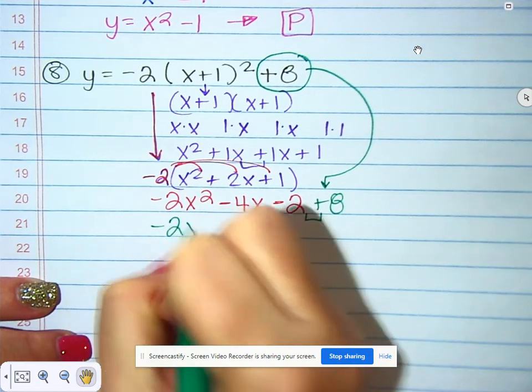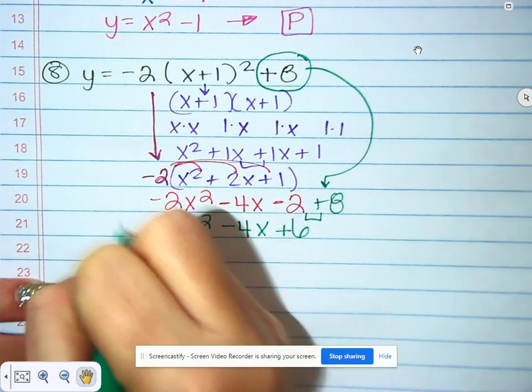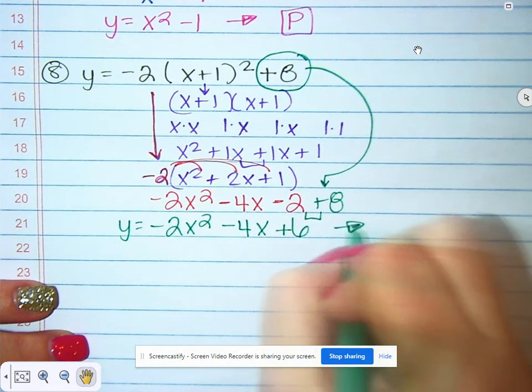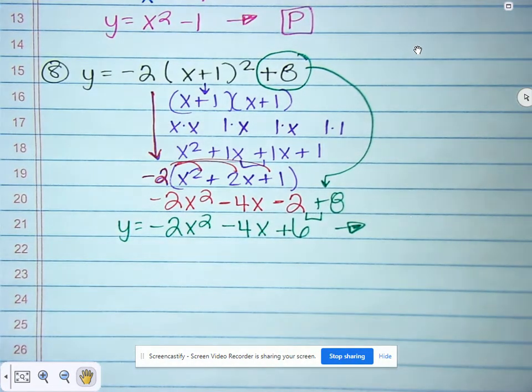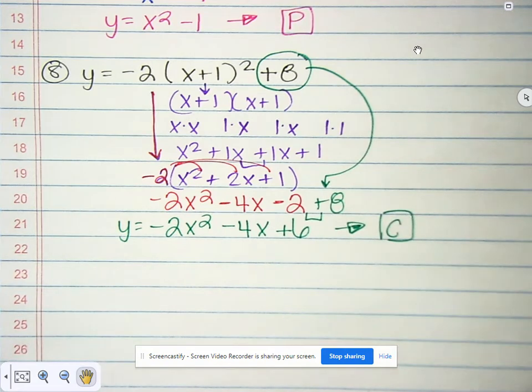That's going to give me negative 2x squared minus 4x plus 6. So that's what I'm looking for, which is letter C. So on number 8, you would have letter C. Is everybody with me? Okay.